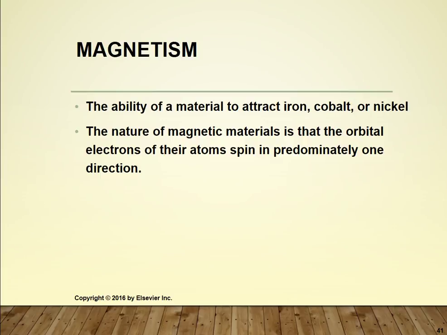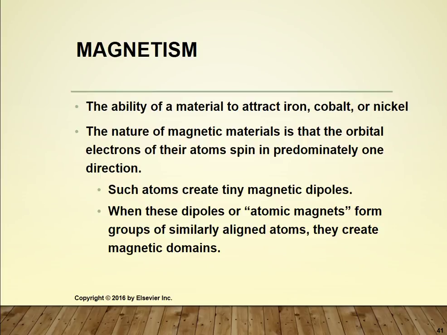And these domains exist in magnetic materials, but they're not coordinated with one another. When such magnetic materials are placed in a strong magnetic field, the domains align with the external field, which then organizes them and magnetizes the material, which creates a magnet.